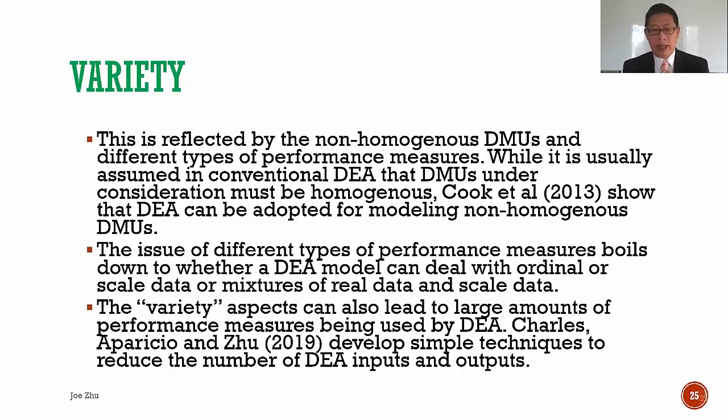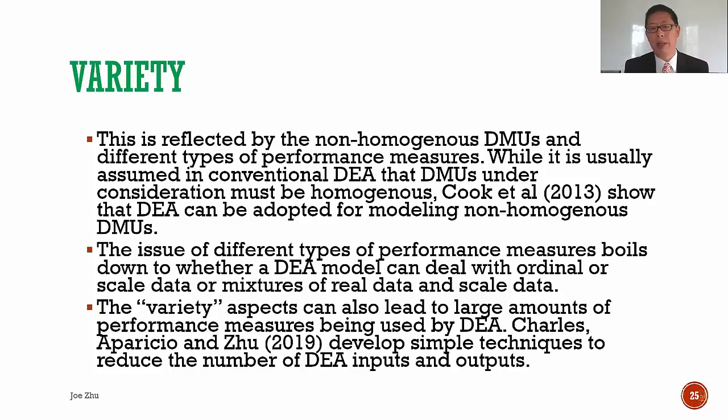If you use DEA as a benchmarking tool, and you want to benchmark a set of companies, but the companies have different activities, for example, some focus on a specific set of techniques, and the other set specialize in a different set of techniques.